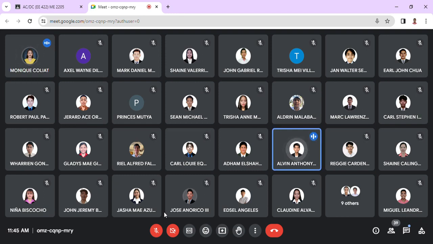Gagamitin po yung template, oo, gagamitin yun. Ang lalagyan nyo lang ng border ay yung pinaka front page. So, gagawa kayo ng front page. Ang border ay 1 inch. Then, isasend ko na lang sa inyo. Ako na ang gagawa para pare-parehas. Sige po, ma'am. Thank you po. Front page lang.